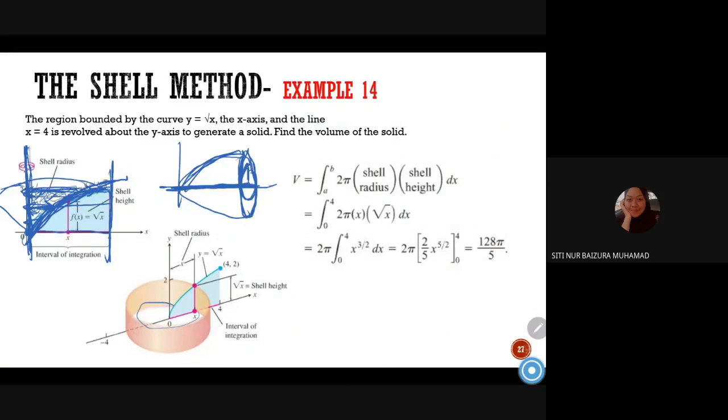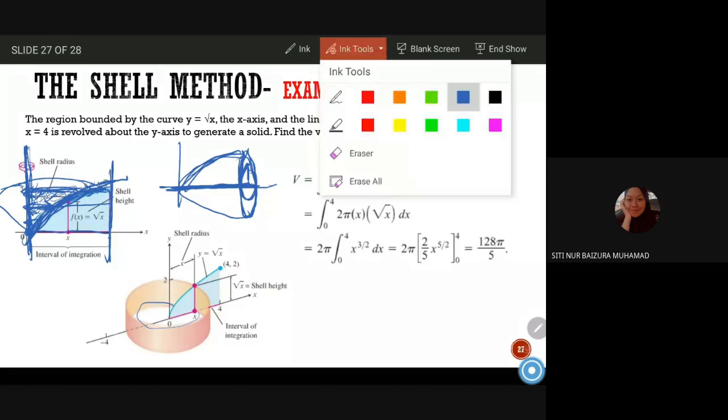Here there is a distance. Alright, so that is using this method.